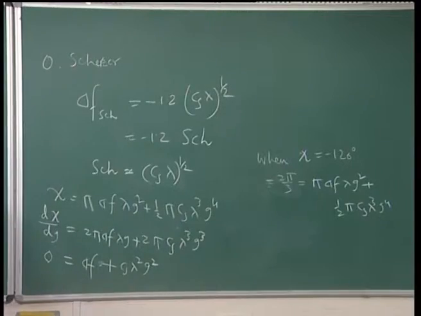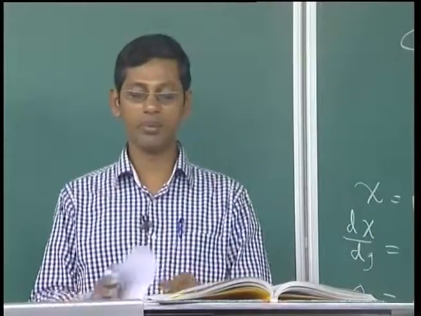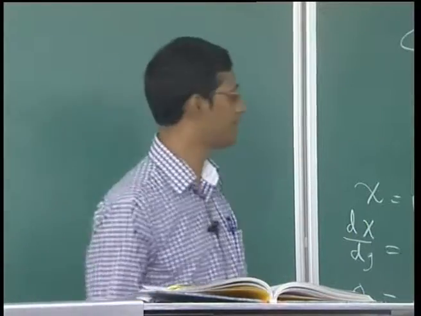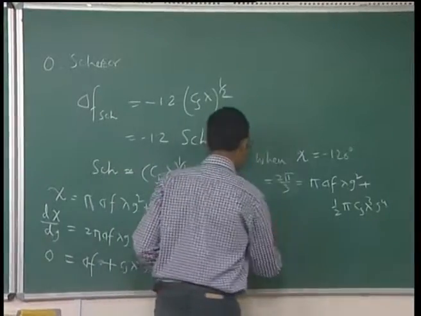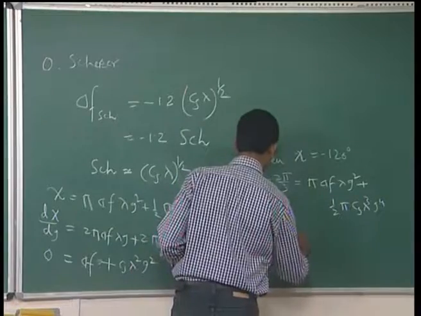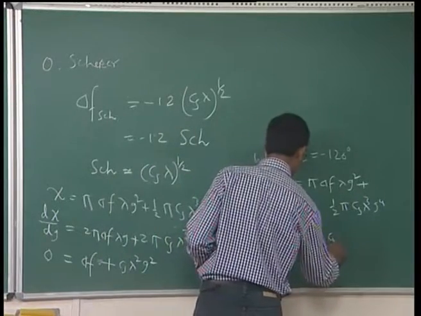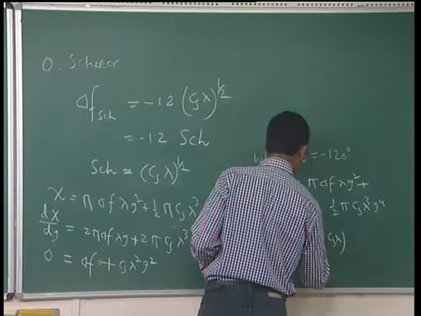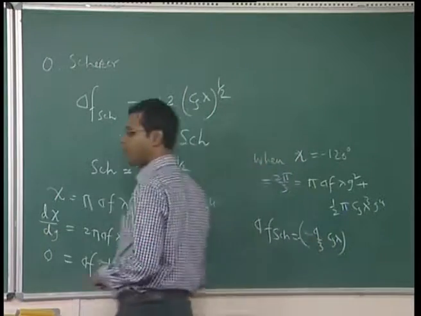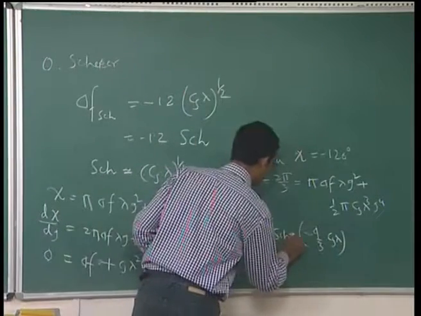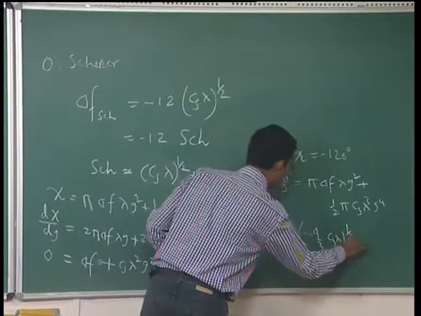one can obtain a simplified expression of the Scherzer focus, that is f Scherzer is equal to minus 4 by 3 Cs lambda to the power 1 by 2.